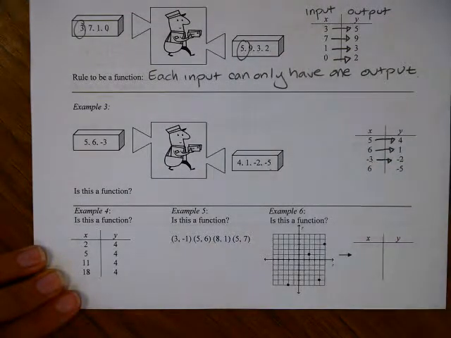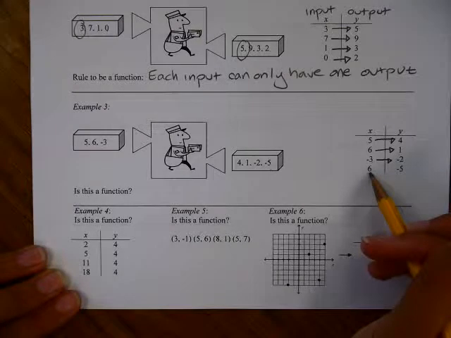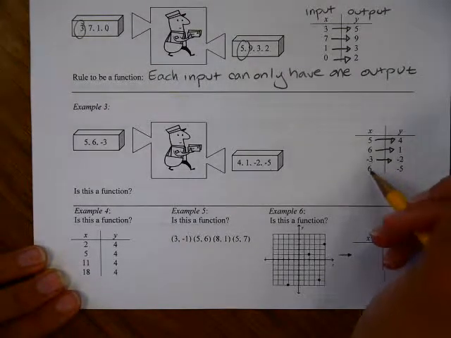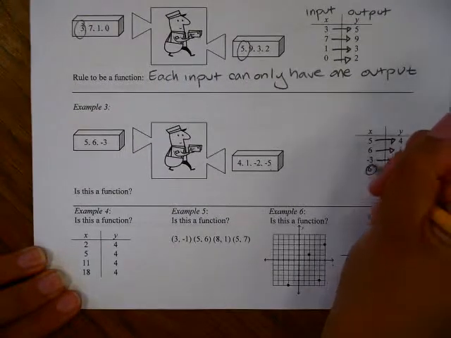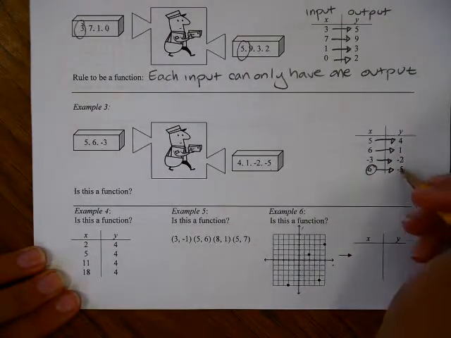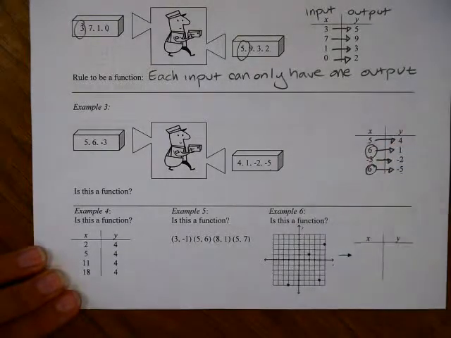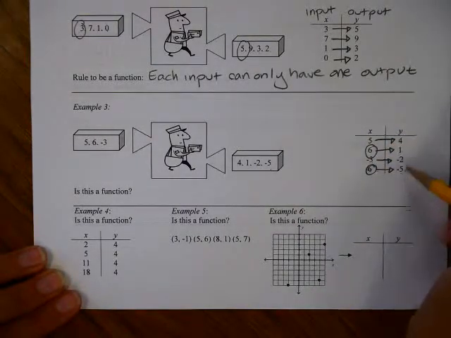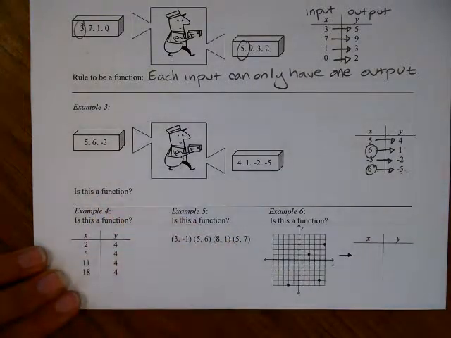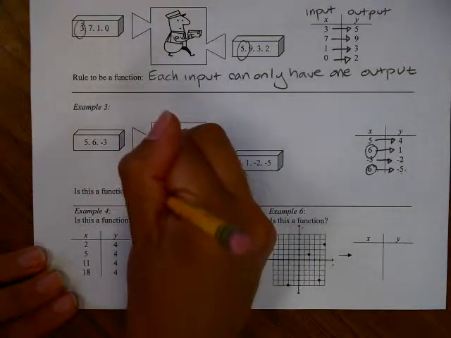But now we have a problem, because here this is our chart telling us to deliver envelope 6 to mailbox -5, but envelope 6 was already delivered. We're trying to send one envelope to two different people. So is this a function? No.